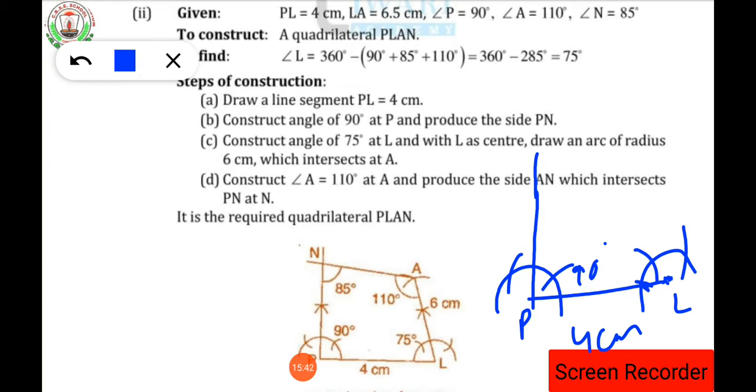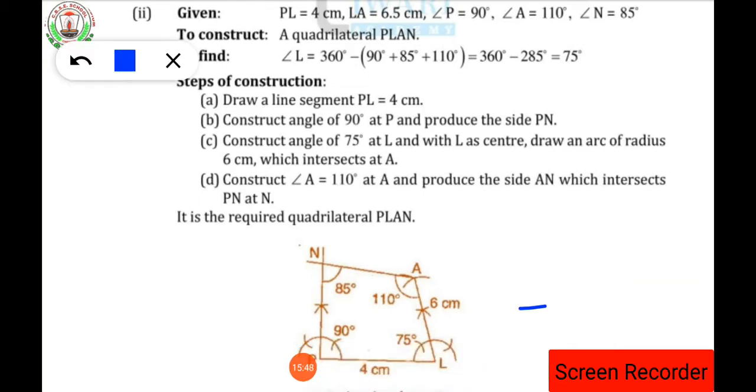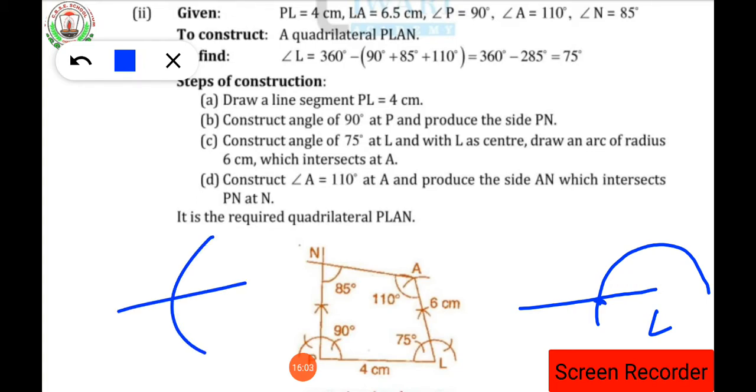Clear? Now, as we draw the 60 degrees, students, in the same way you have to draw here. Suppose this one is L, taking any radius on the mouth of your compass, draw an arc. After drawing an arc with the same radius, keep the needle where you got an intersection point and draw one arc.